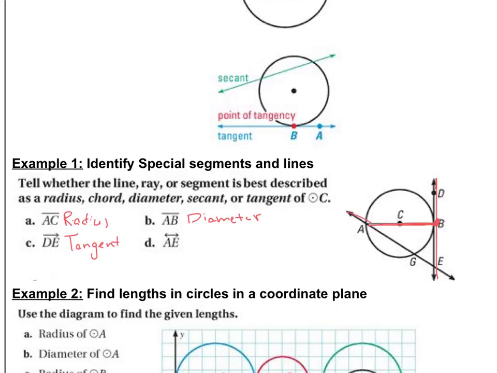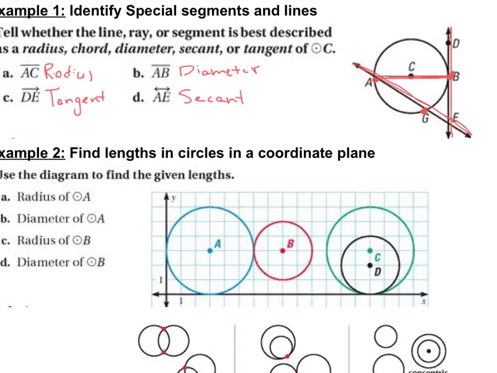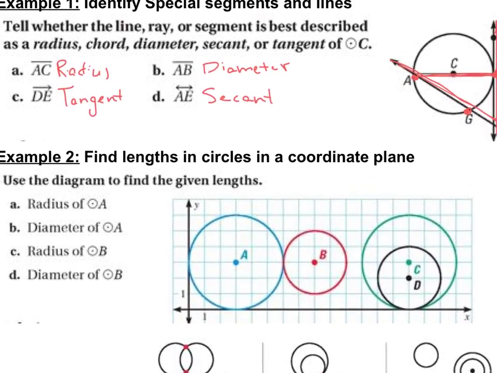Now AE goes through the circle, and it touches both at A and G. It touches it twice, making it a secant. So those are just identifying some of the special segments that we see in circles. So we're just going to do a lot of things with circles here.